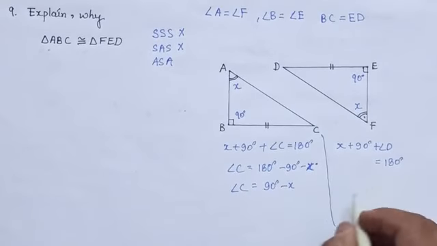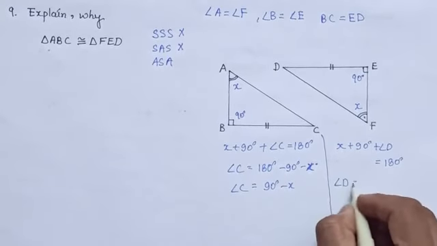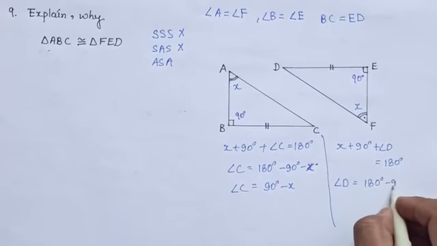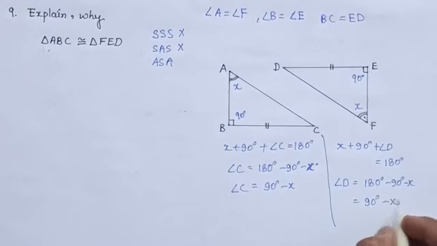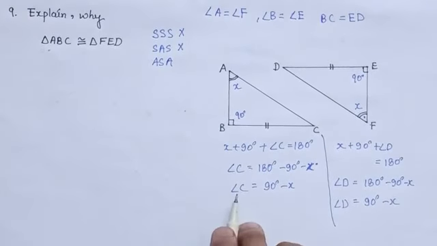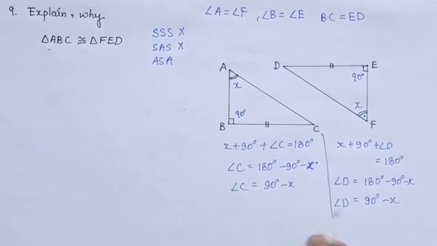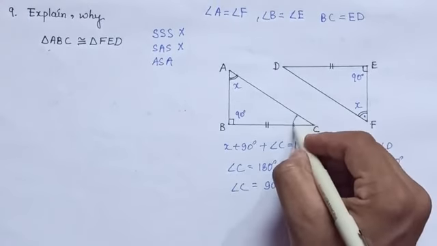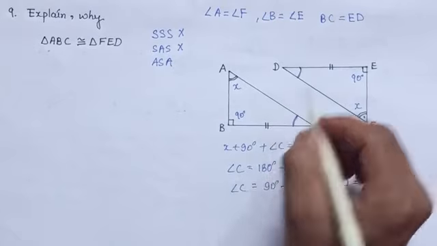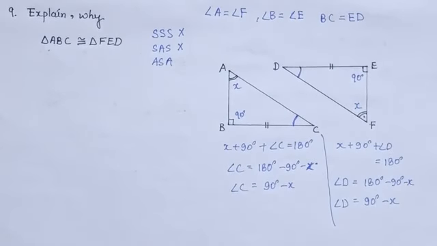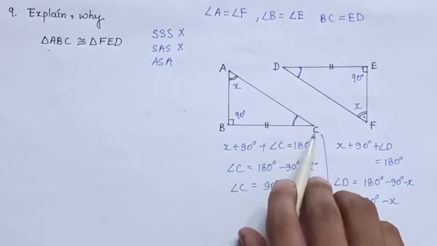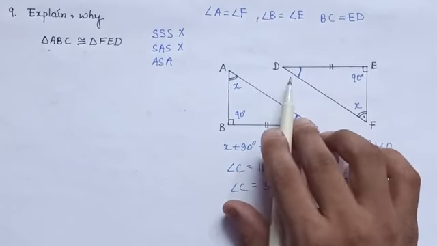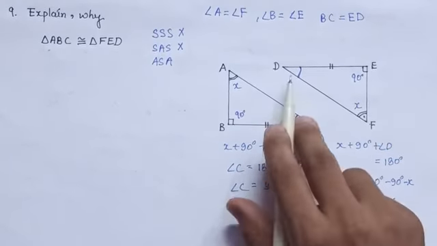And again from here you can find angle D equals 180 degrees minus 90 degrees minus X, which is equal to 90 degrees minus X. So you can see angle C and angle D both are equal to 90 degrees minus X. Hence we can say angle C is equal to angle D. Now we can apply the ASA criteria because we have the two angles, angle B and angle C in the triangle ABC and angle E and angle D in the triangle FED.